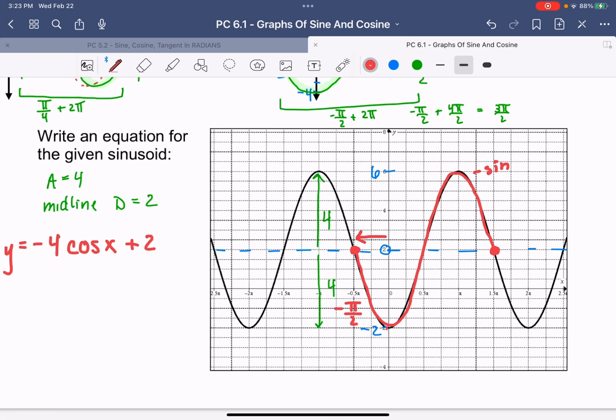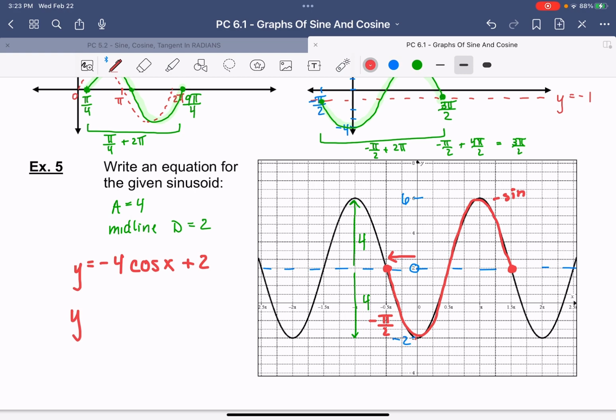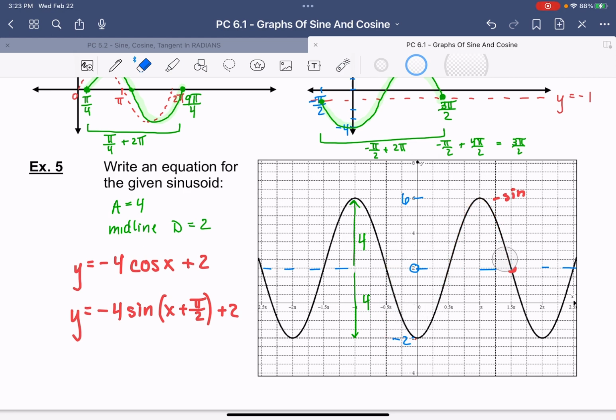Right? So I could also write this as y equals negative, since it's flipped, 4 sine of, with a phase shift we would do x plus pi over 2, and it still has the midline of +2. So I could keep writing a lot of different options here, depending on which point you're starting at.